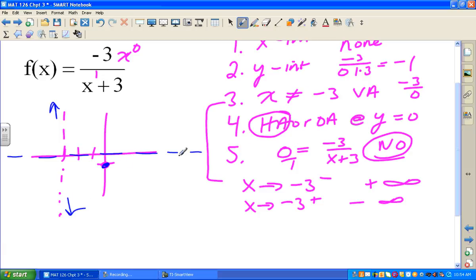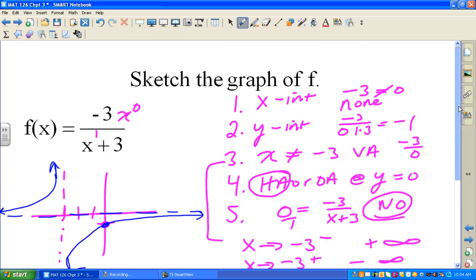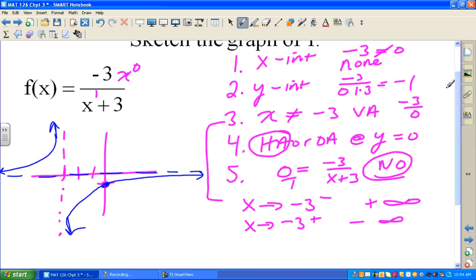Remember, the horizontal asymptote is like the end behavior of the graph. So I know it's going to go something like this, and this is going to go something like that. That's pretty much everything. We have all our points and our picture right here.